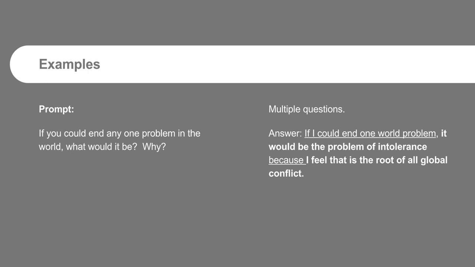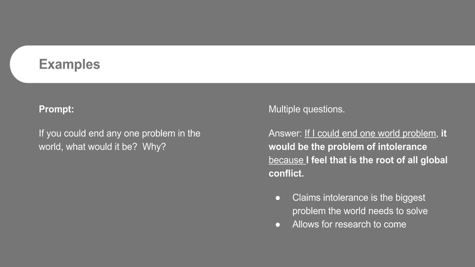Is there an argument, a claim being made here? Can I prove something like this or try to? Yes, I can. I can also have room for research by finding examples of intolerance that has led to global conflict, and it ends in a period. It's a statement.